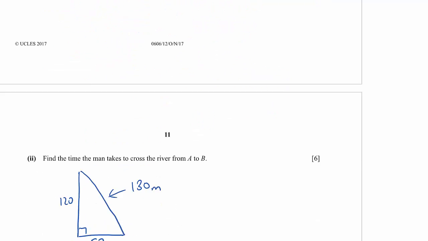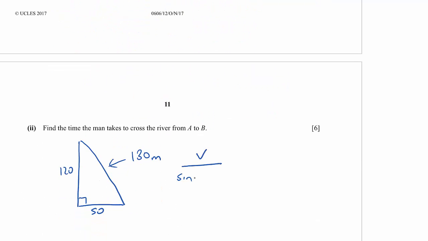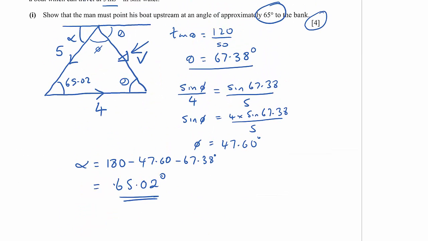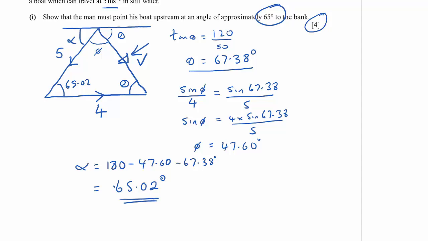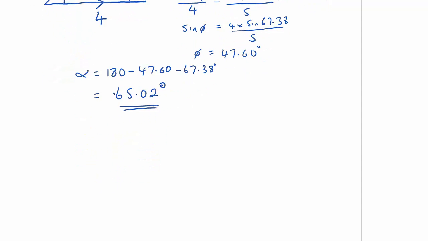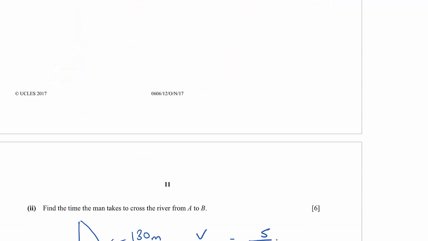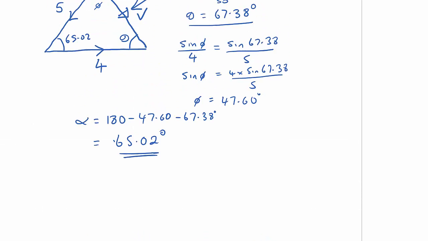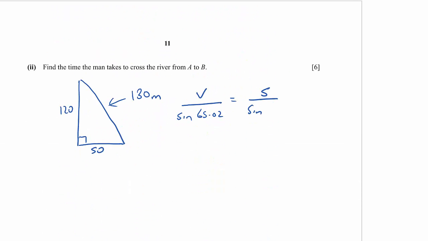So I can now say that V over sine of 65.02 equals, and I'm going to use the 5 and the theta, so it will be 5 over the sine of 67.38. So V is going to be 5 times the sine of 65.02 over the sine of 67.38.